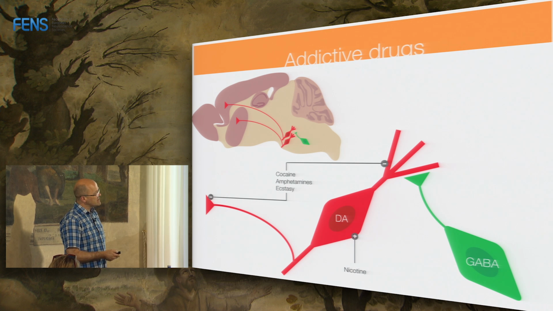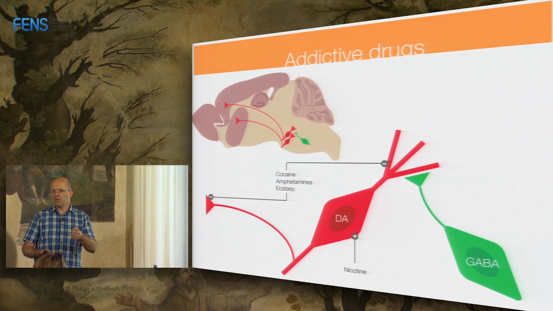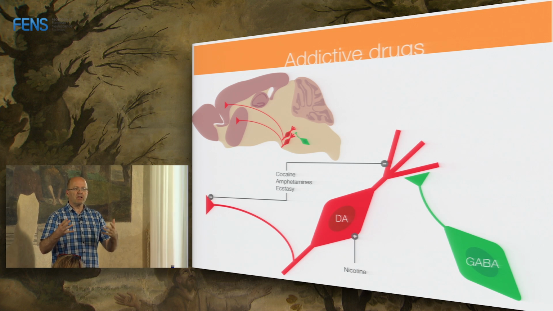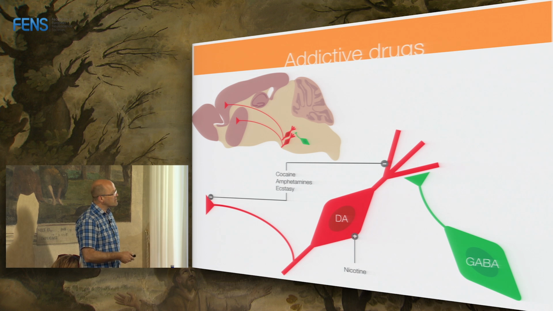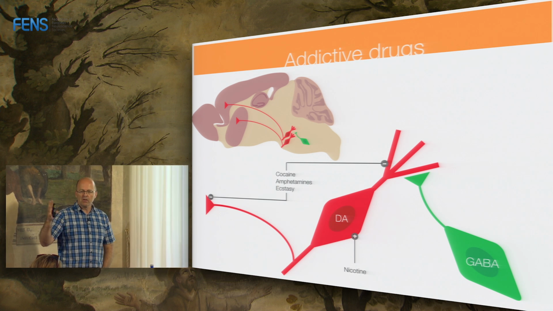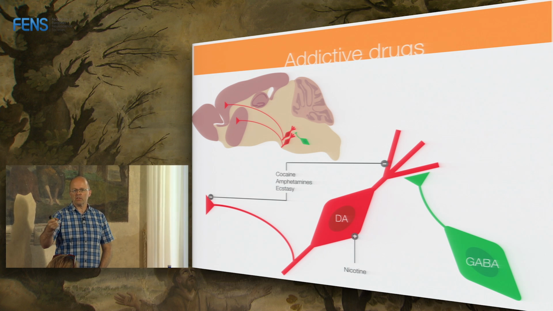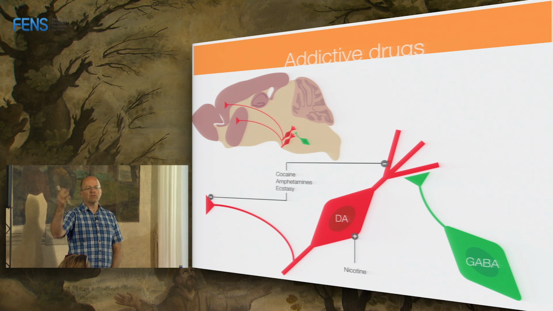That recycling system works at the terminal, where the bulk of the dopamine is released, but it also works at the level of the dendrites, because dopamine neurons have the capability of releasing dopamine also from their dendrites. The dendrites themselves take it up, and when that uptake is inhibited, you have a massive increase of dopamine, and that would be sufficient to drive the initial stages of drug addiction.